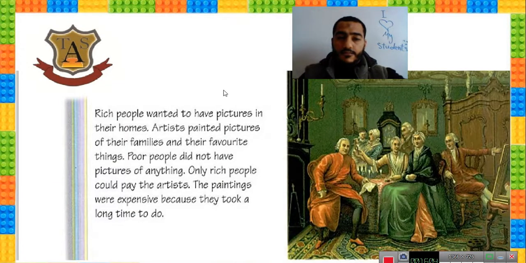Okay. Here, rich people wanted to have pictures in their homes. Artists painted pictures of their families and their favorite things. So the artist, in the past, could paint pictures of the rich people's families and their favorite things.